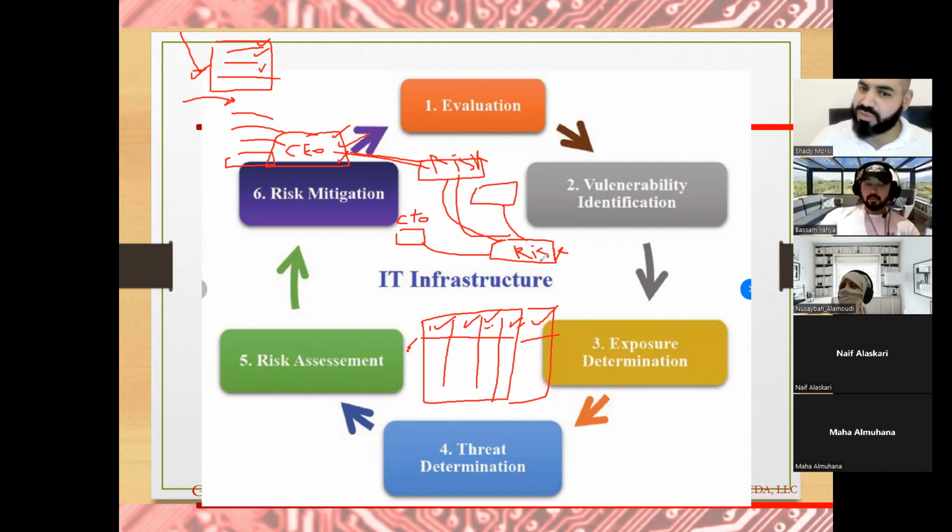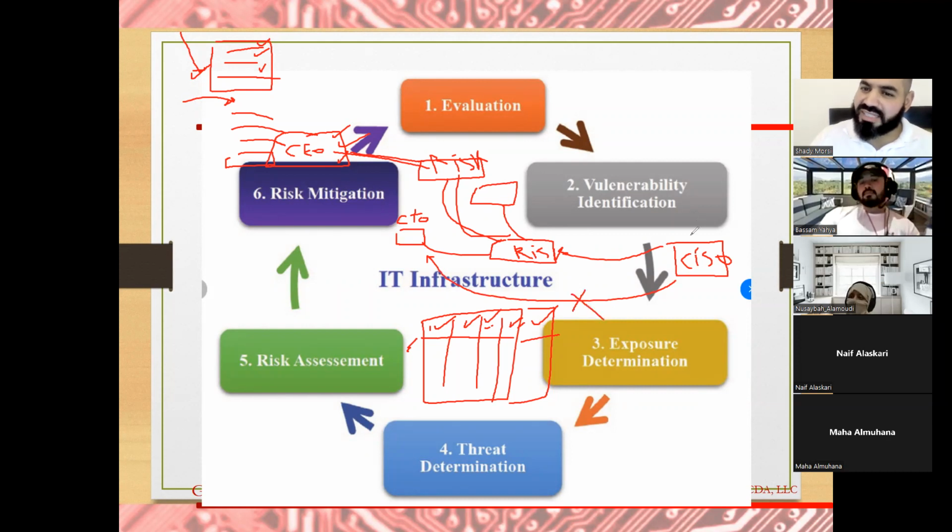That sometimes risk doesn't report to the CTO, they report to the CISO. The CISO is the Chief Information Security Officer, and in some organizations they report to the CTO, and some organizations say this is not correct.